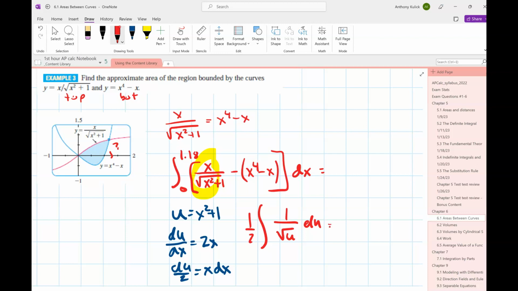So what's the antiderivative for 1 over the square root of u? Nope. We're going to think about that as u to the -1/2. So it should be u to the +1/2 over +1/2, right?